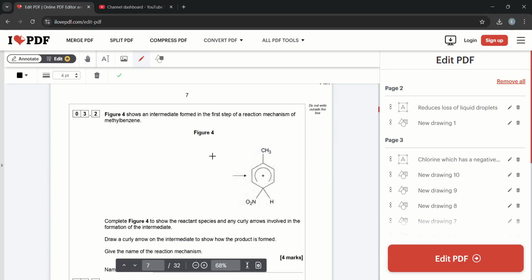And then 3.2, figure 2 shows an intermediate formed in the first step of reaction mechanism of methyl benzene. Complete figure 4. So methyl benzene, so it's just going to be benzene with a methyl group, and here we go.